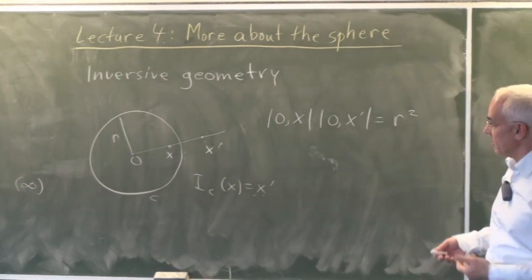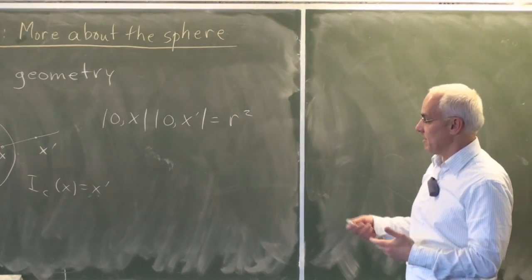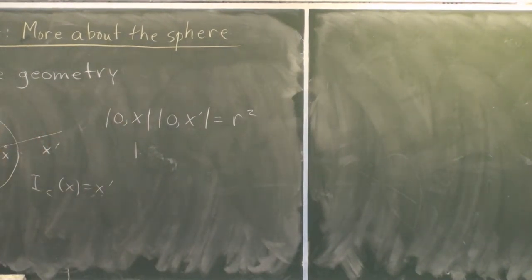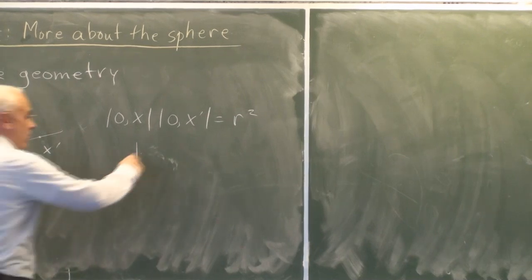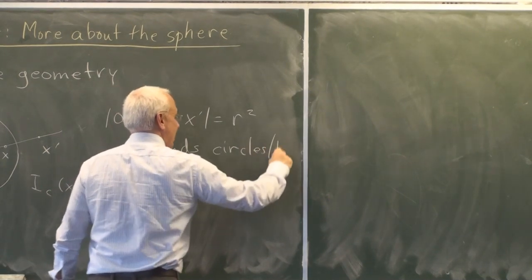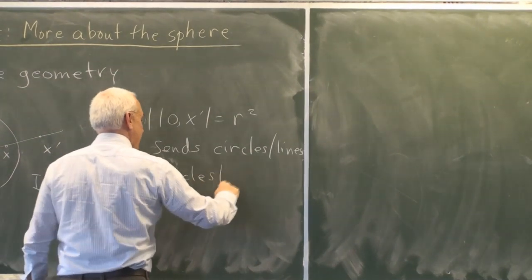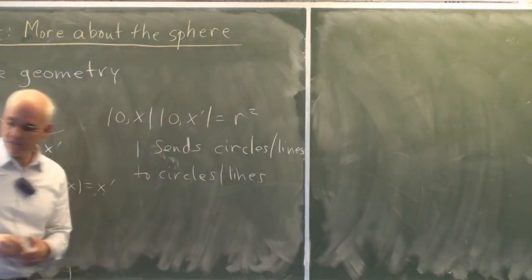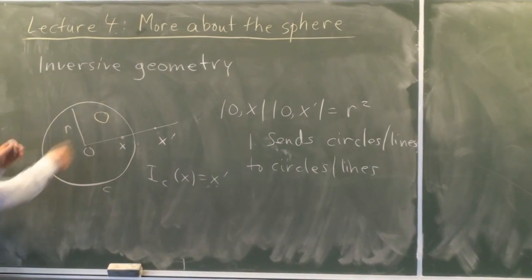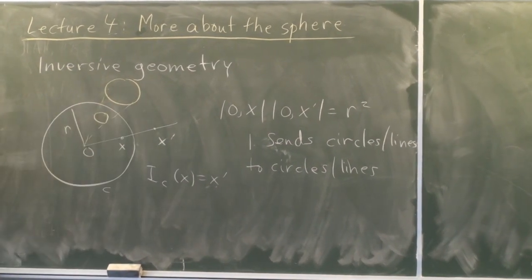And we can talk about the properties of this inverse operation, and it has some pleasant properties. So let me just list them. The first property of inversion is that it sends circles/lines to circles/lines. So for example, if we had a little circle over here, then its image would be another circle.